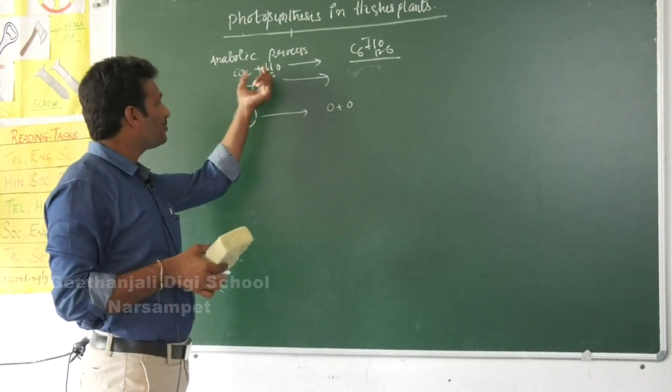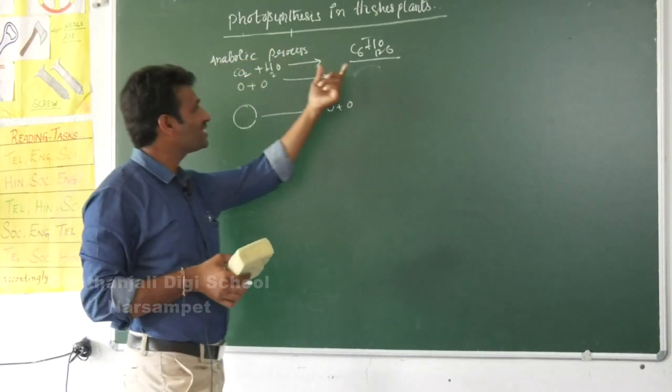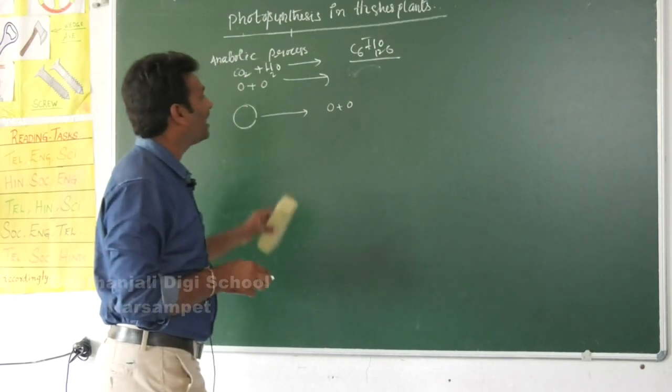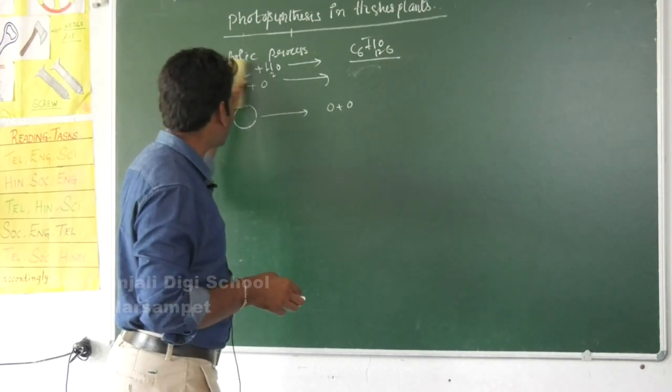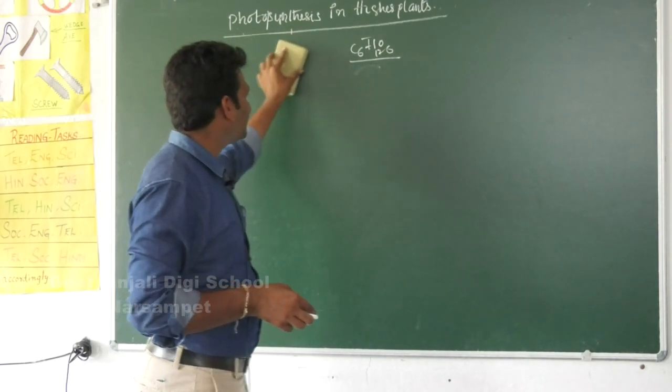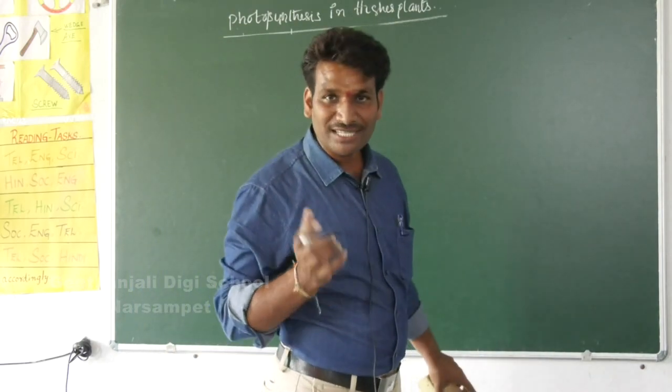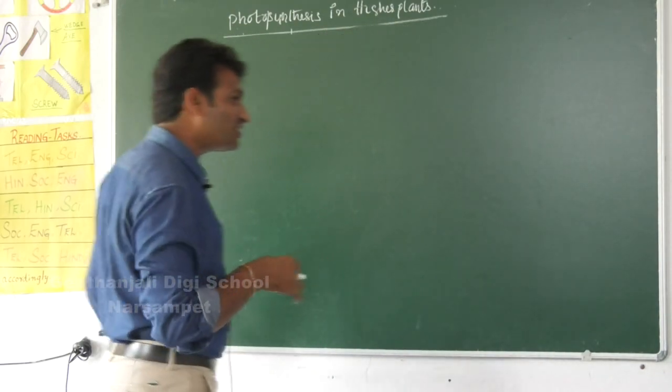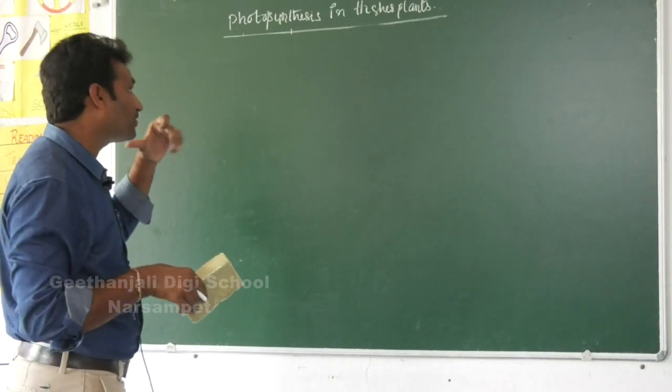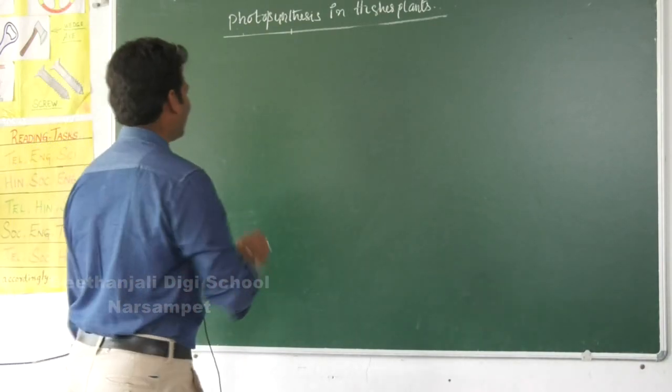Two smaller molecules are combined by photosynthesis to form a large substance, hence it is known as an anabolic process, in which carbon dioxide is reduced and water is oxidized.